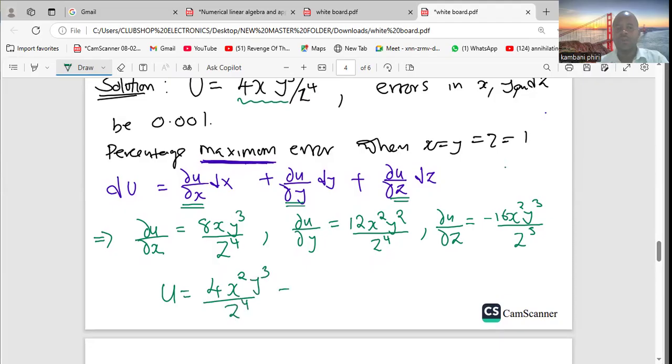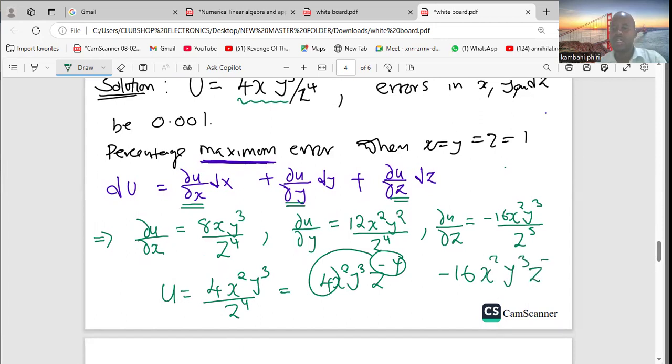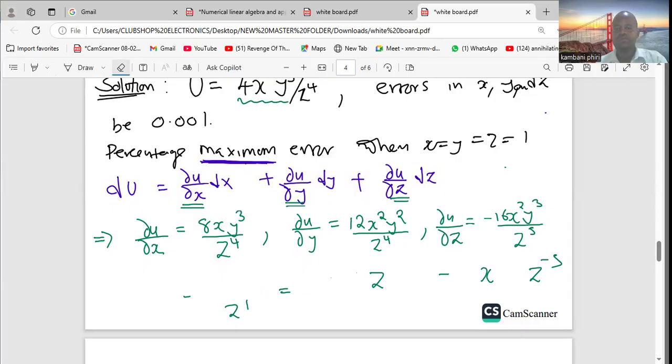If you want, you can write this as z to the power negative 4. So when you multiply this with that, you get negative 16, then minus 1 here. So we have x squared, y to the power 3, z to the negative 5, and you get what we have there. Okay, so we proceed.